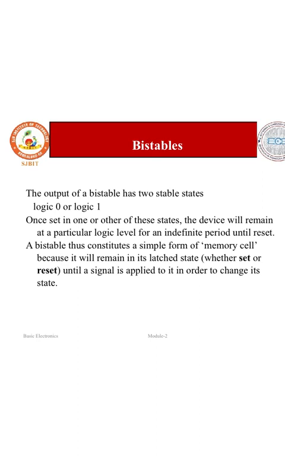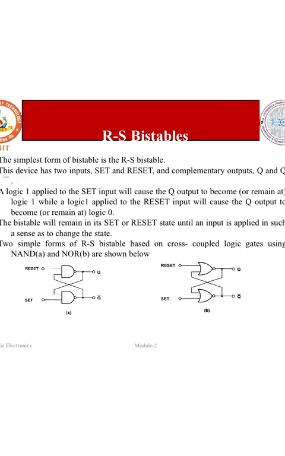So the output of the bistable has two stable states, as I told you. Again you have an RS bistable. The simplest form of bistable is the R and S bistable. The device has two inputs, set and reset, and a complementary output, that is Q and Q bar.